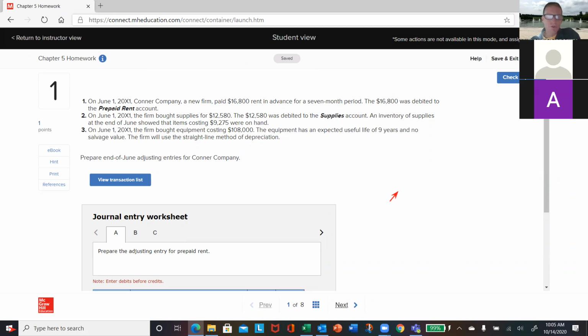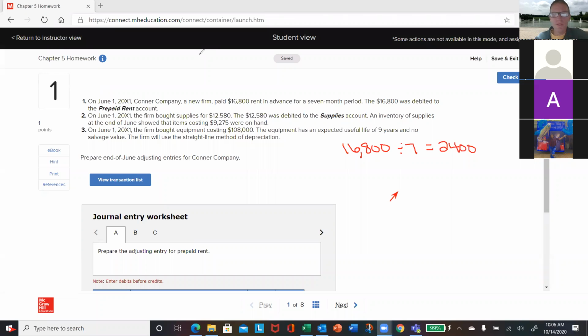All you do is take the 16,800 divide by 7 months. So essentially $2,400 is our rent expense per month. That's our monthly rent.